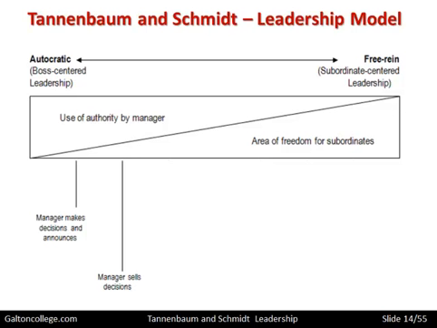Next, the manager sells the decision. The manager makes a decision but then explains the decision to the employees and gets them to understand it and agree with it. So there's more consultation involved. You can see there's more involvement by the operators at this point than at the previous point.